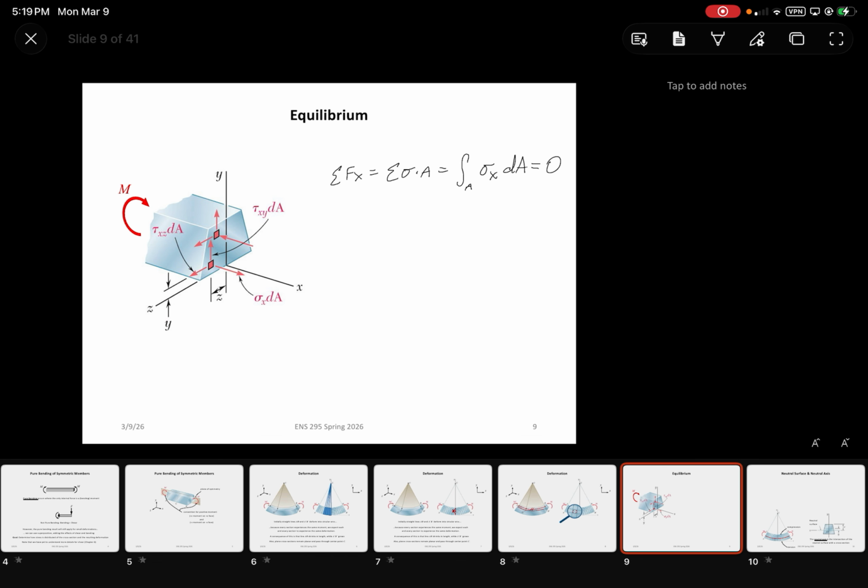Now, another thing we want to do is take moments about y, all right? And from equilibrium, what we should find is that this is just going to equal the integral of sigma x, and then this stress here is technically going to have a perpendicular distance z if we're dealing with some type of eccentricity. So we need to multiply that by z, and then that gets integrated by the area, which again has to equal 0.